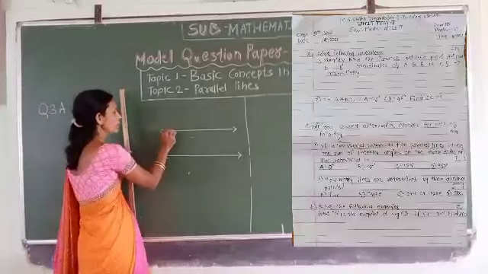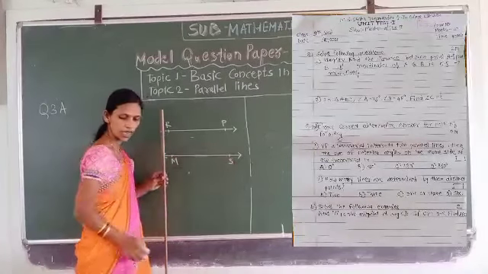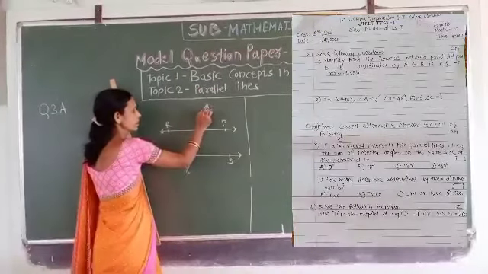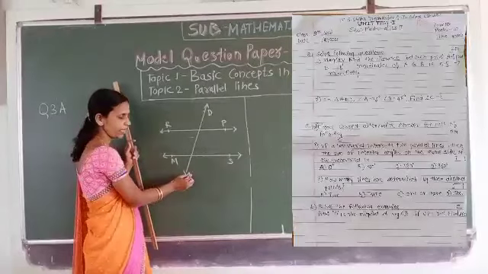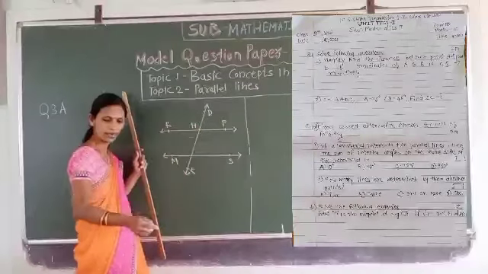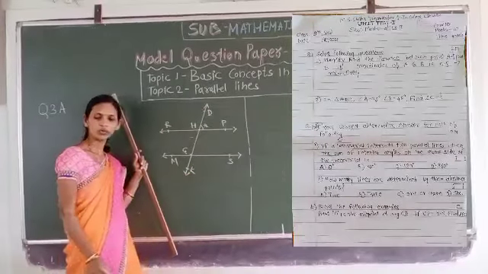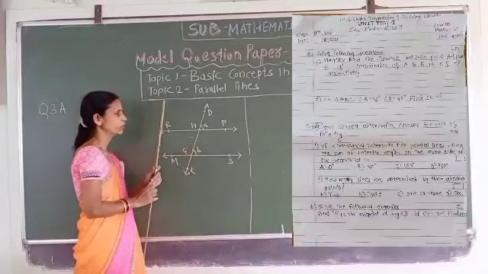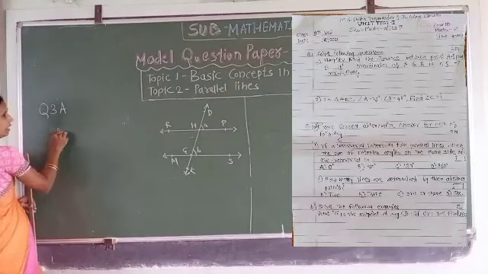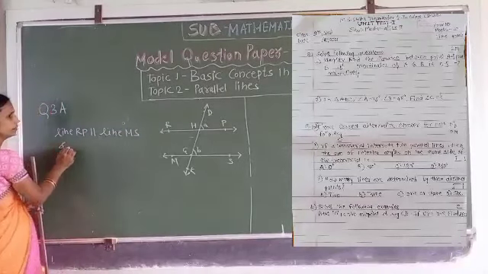See here, the lines RP and MS which are given here are parallel to each other, and the transversal DK intersects those two parallel lines at points H and G. The angles which are formed, angle A and angle B, are the corresponding angles which are given here.